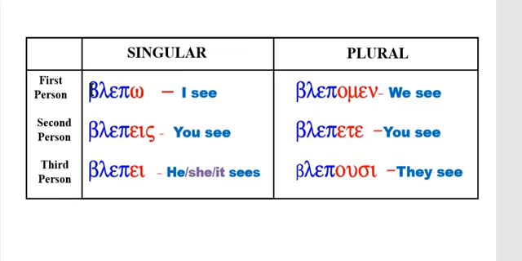This is the root word of that verb, but except for the omega, the last letter, this portion is known as the stem in Greek.